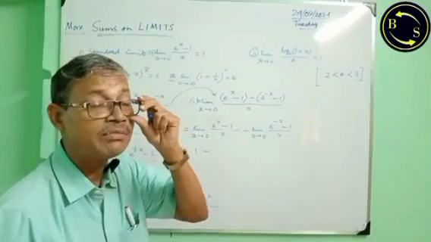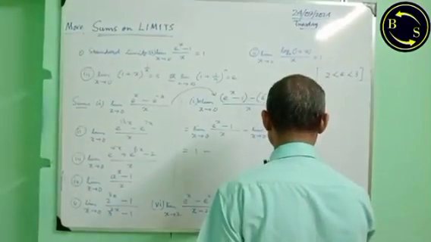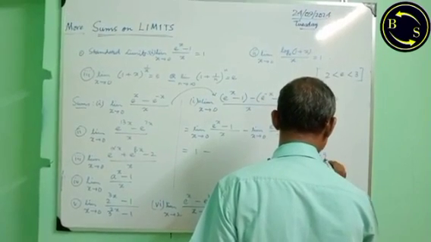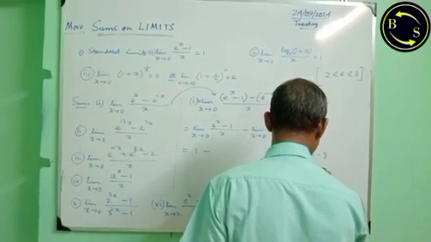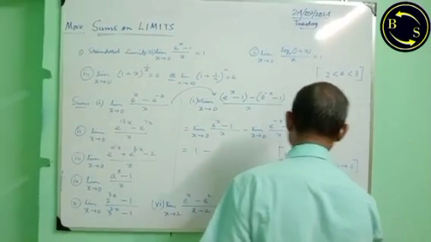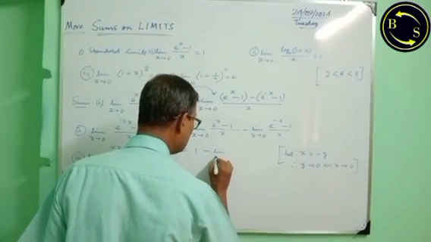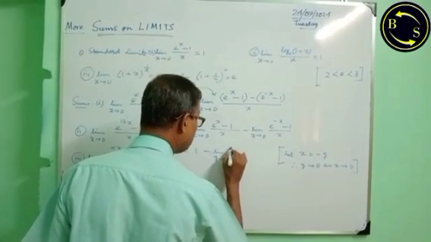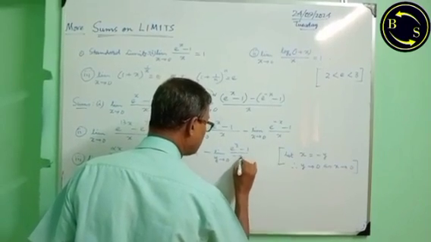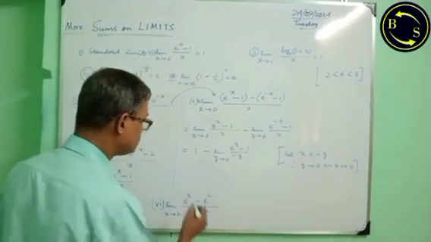in place of x there is minus x, that means we have to change the variable. What will be the change? Let x equal to minus y, therefore y tends to 0 as x tends to 0, therefore it will be limit y tends to 0 e to the power y minus 1 by minus y, because x equal to minus y.